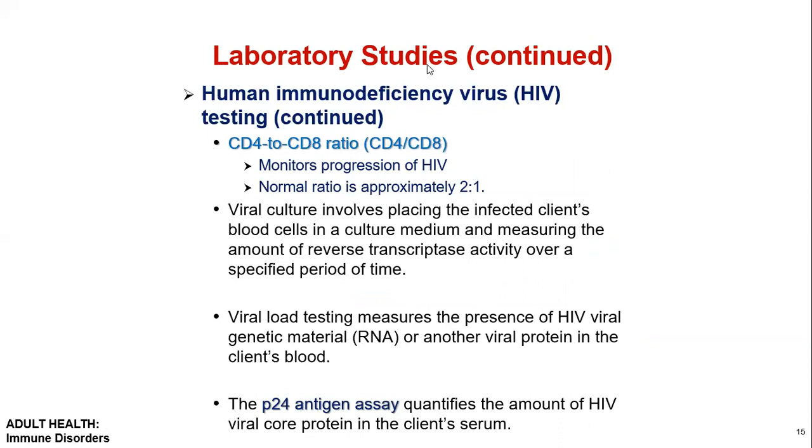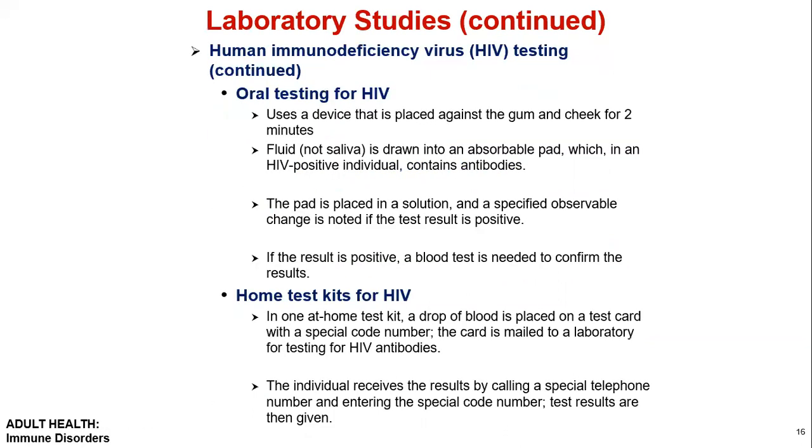What next? So what are the other tests for HIV? We do the oral testing for HIV and also home test kit for HIV. Right? So at a home test kit, a drop of blood is placed on a test card with a special code number.